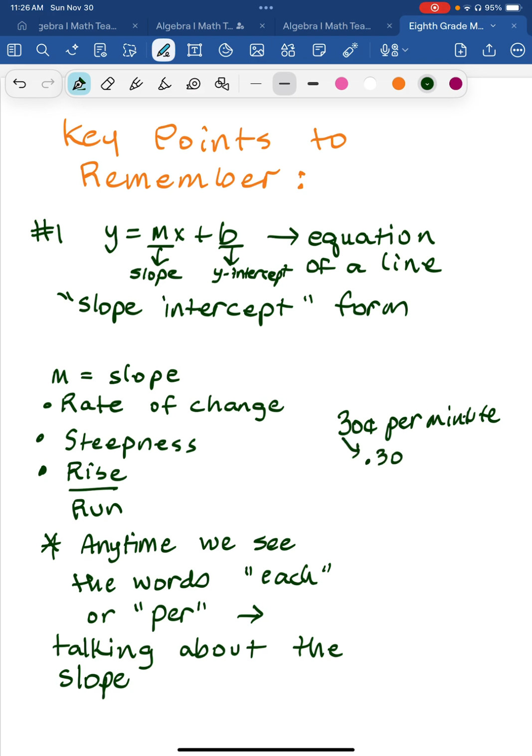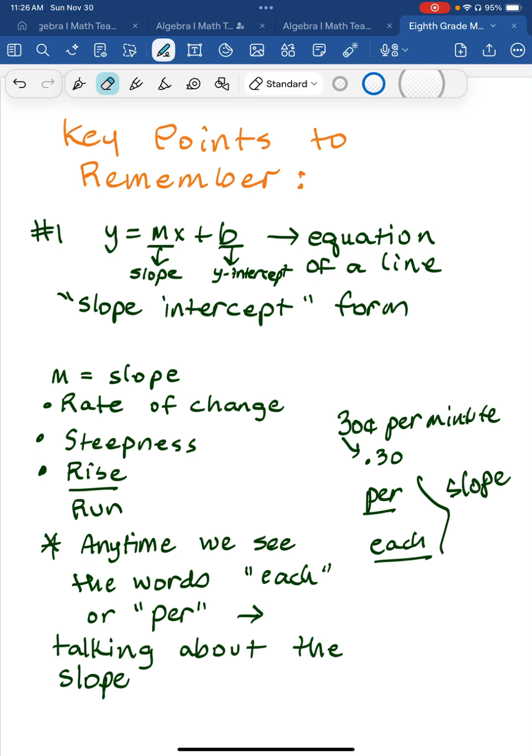Okay, so per or each, that's going to tell you that you're talking about the slope. I'm going to erase this, so pause if you need to, and then I'm going to talk about the y-intercept.